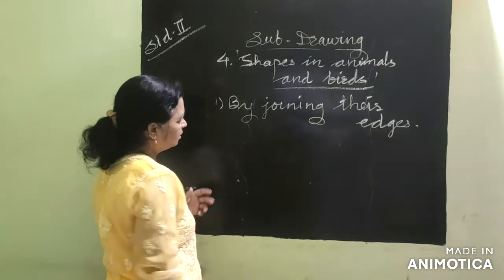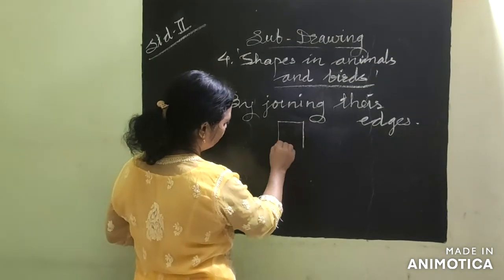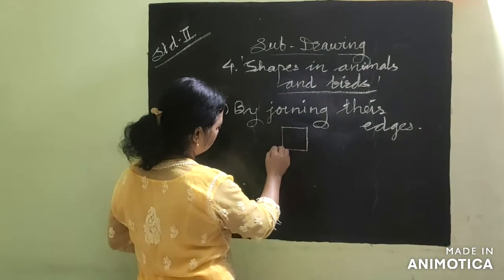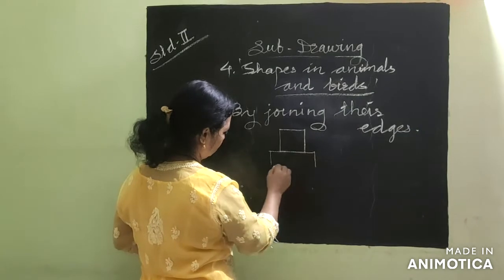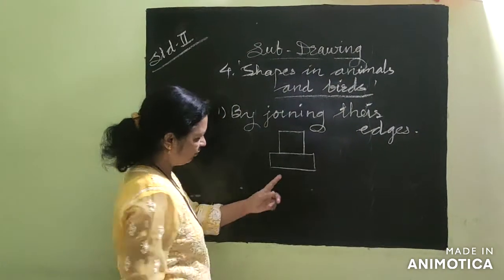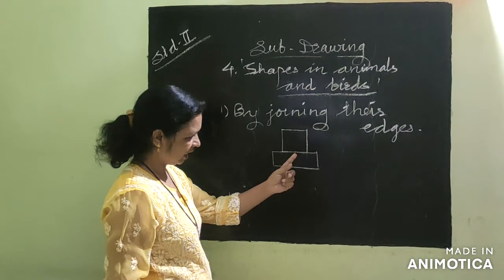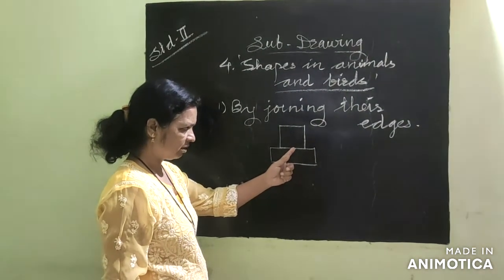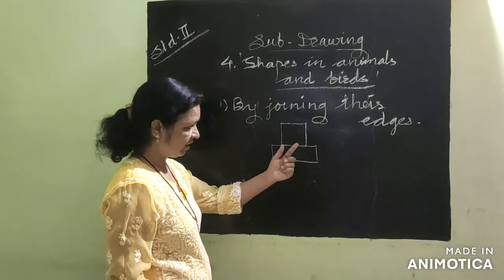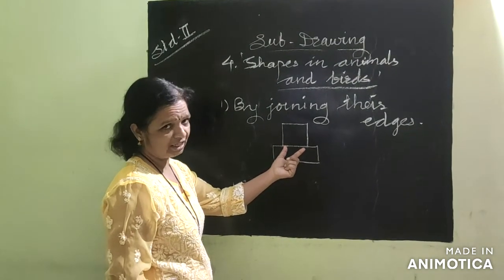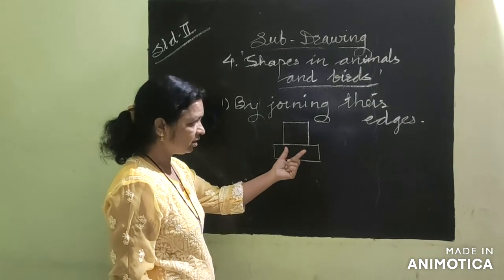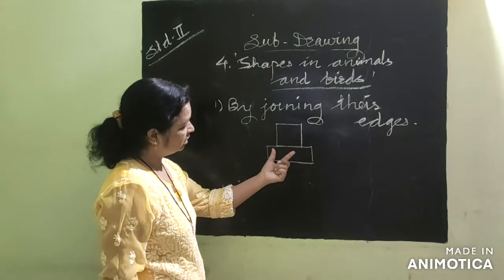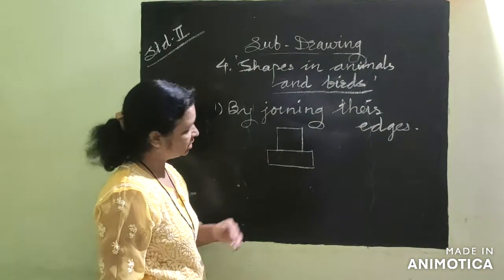For example, suppose we have one square here and one rectangle. When we join the edge of the rectangle and the edge of the square, the two edges become only one edge. In this way we try to join the different shapes. This is one type of joining the shapes.